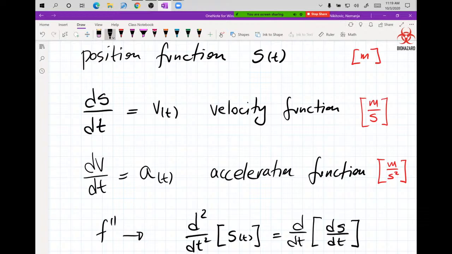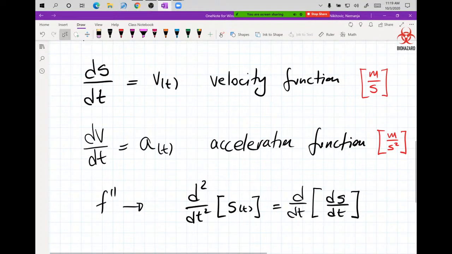If this one over here brings me meters per second, here is another over second to give you second squared in the denominator. So the first derivative will give you meters per second, and this one will introduce another second, and that gives you meters per second squared.